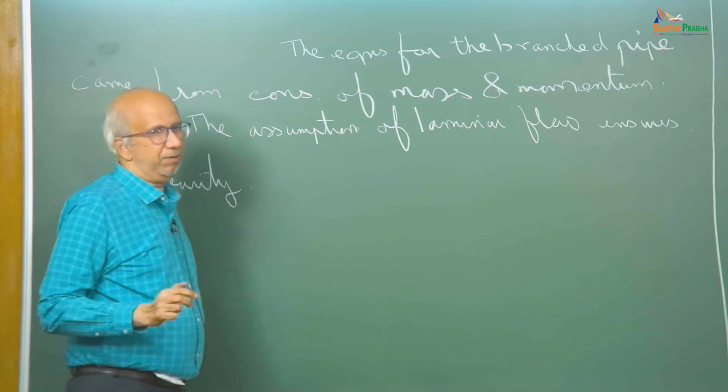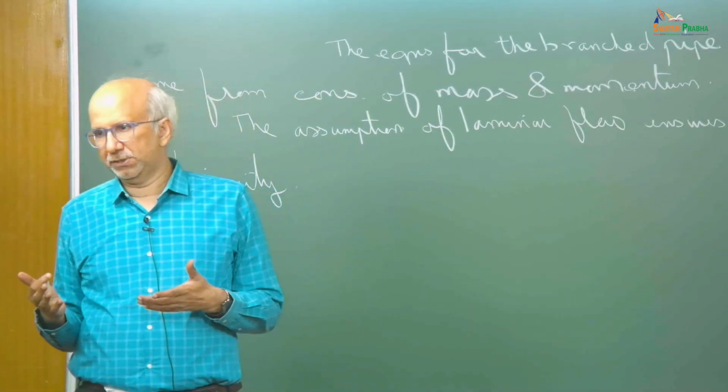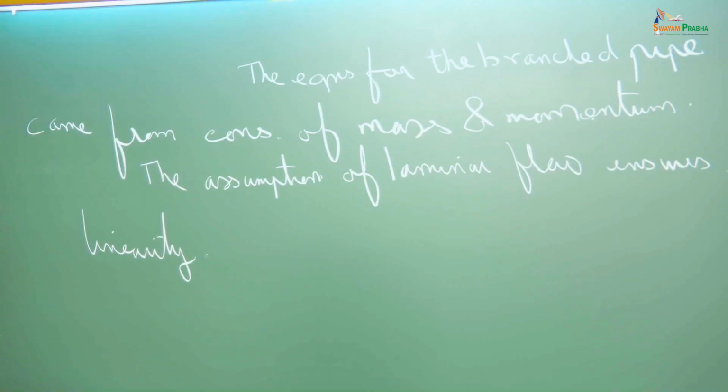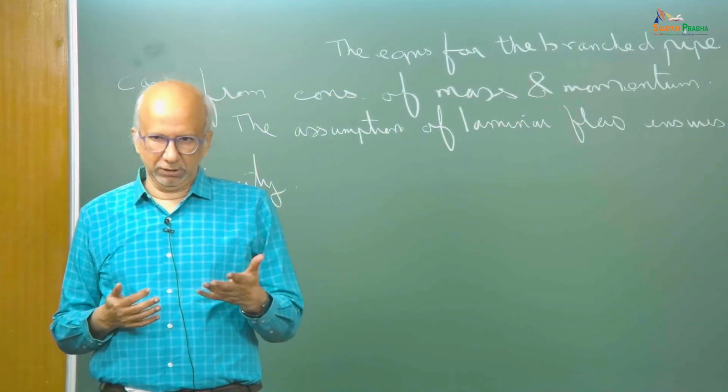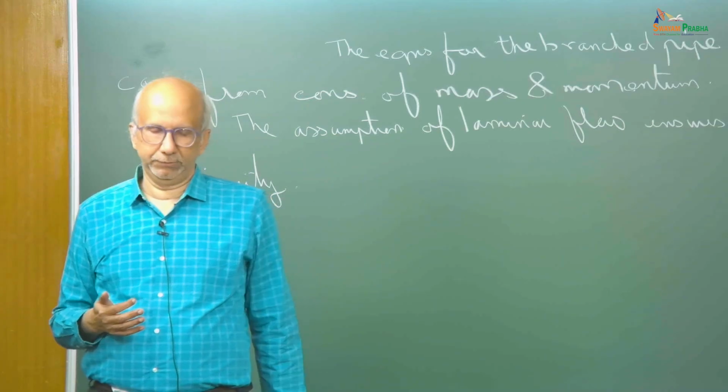For example, if the flow had been turbulent, the relationship between the pressure drop and the velocity won't be linear. What do I mean by linear? By linear, I mean if I were to double the pressure drop, my velocity would be doubled. Non-linear means if it is doubled, velocity will scale in some other way.